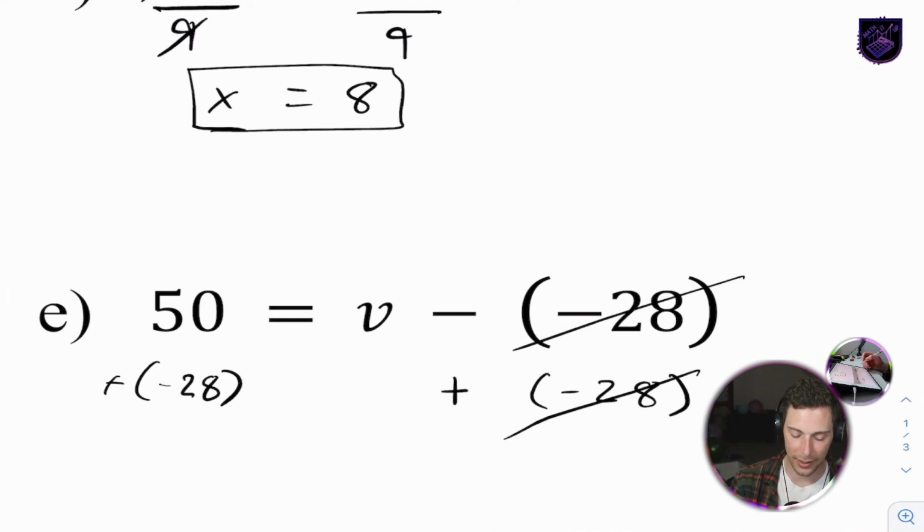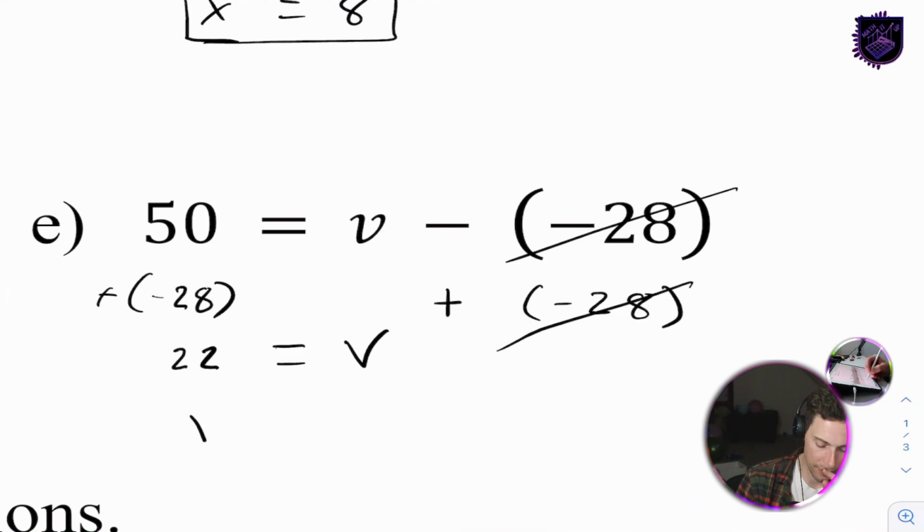So it's adding a negative 28, which brings this down to v is equal to 22, and then we can go v equals 22.